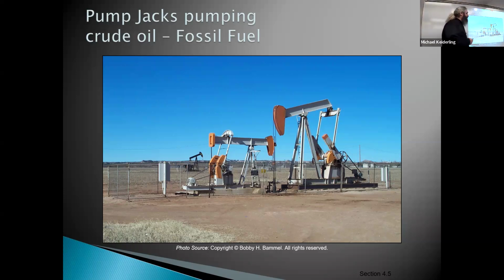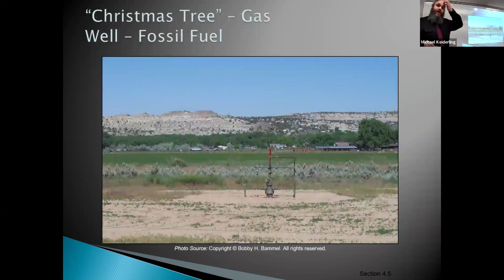These are pump jacks pumping out oil. You don't need a dramatic pump for gas because it's under pressure. So this is a Christmas tree wellhead for a gas well. It's not very impressive looking. You drill a hole in the ground and the gas comes out and you catch it.